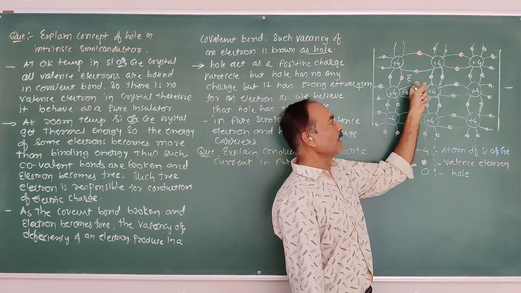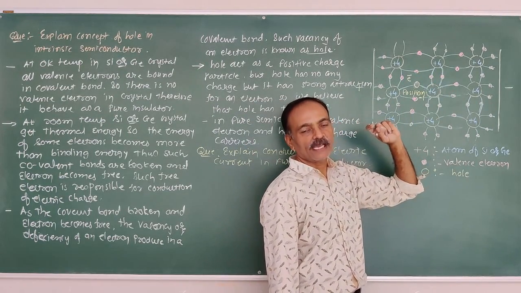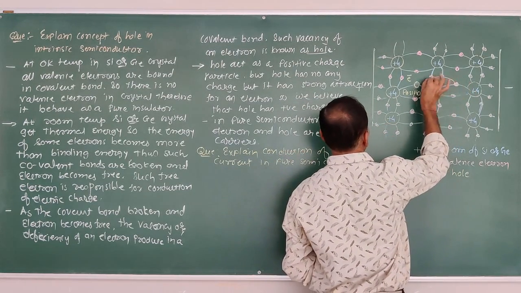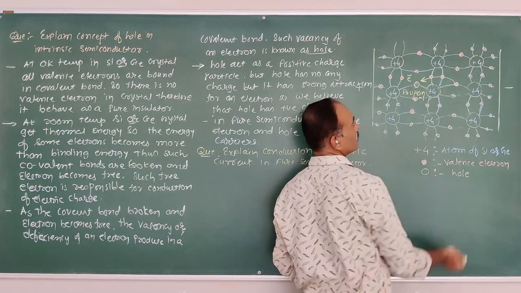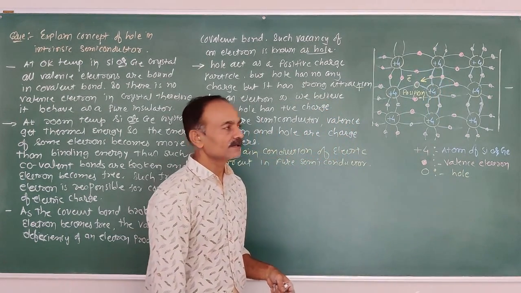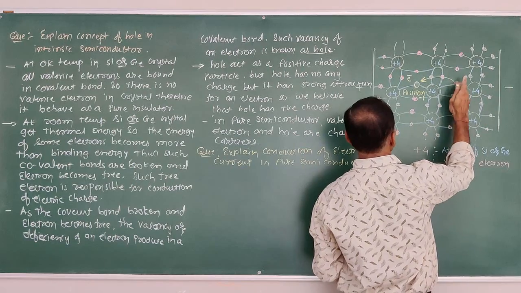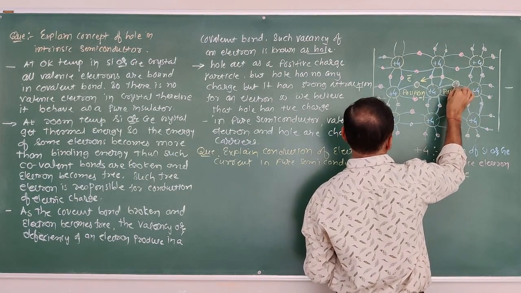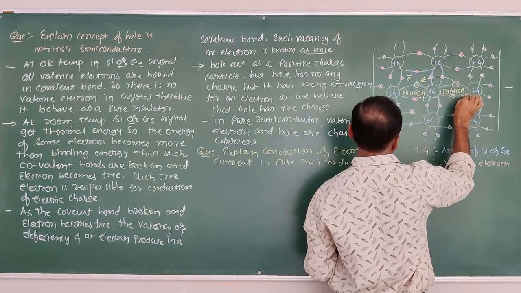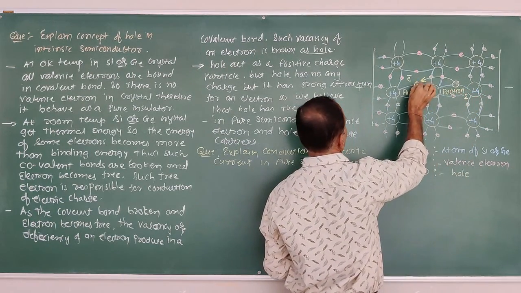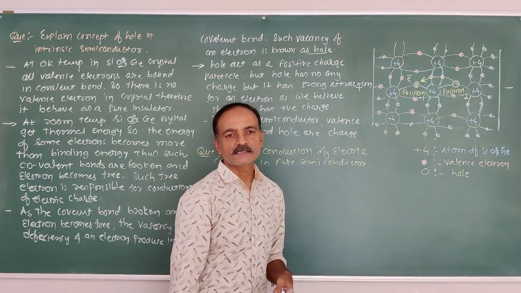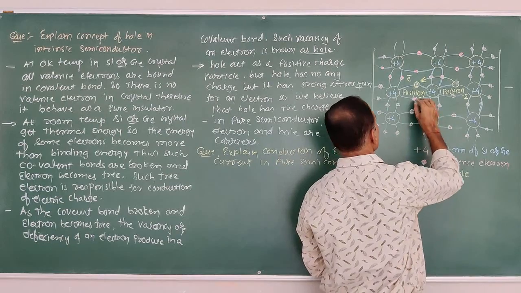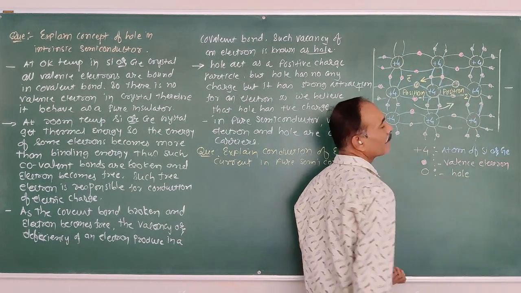While the hole has a strong attraction for an electron, so it pulls the electron from the neighboring covalent bond. So here this covalent bond is broken, and the hole is formed at position 2, and this electron is filled in this. Therefore, the holes are moving in the opposite direction of the electron.